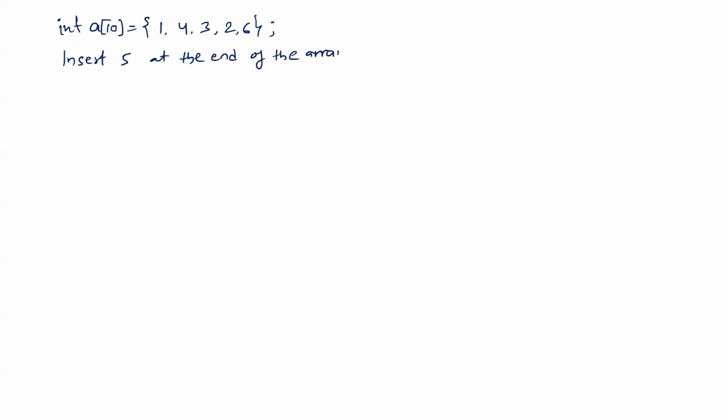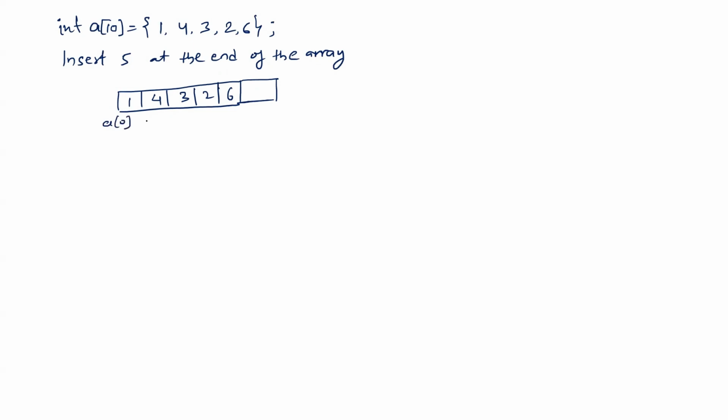this is one of the possibilities, that we want to insert the element at the last, meaning after 6. If you want to insert the element after 6, we can easily insert it here. How can we insert? Let's suppose this is your array structure. Now here you want to insert 5.